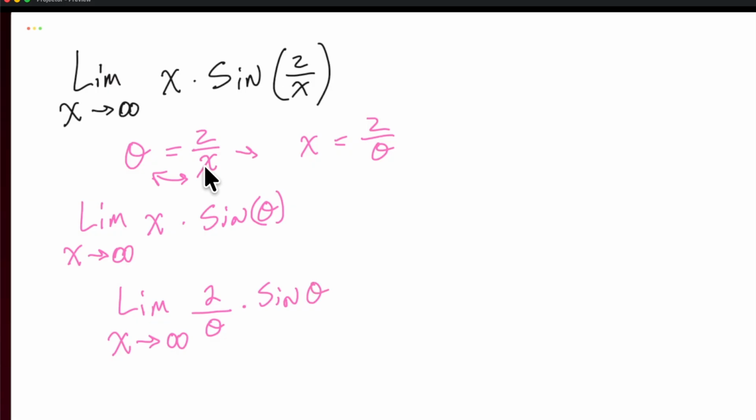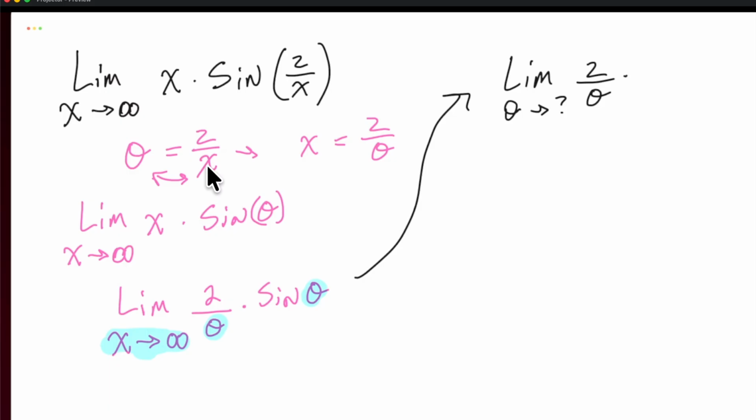But again, folks, we have this discrepancy here. We have x going to infinity, but in our limit, we have thetas. So we have to rewrite this in terms of what's happening to theta. Okay, so we're going to have the limit as theta goes to something of 2 over theta times sine of theta.